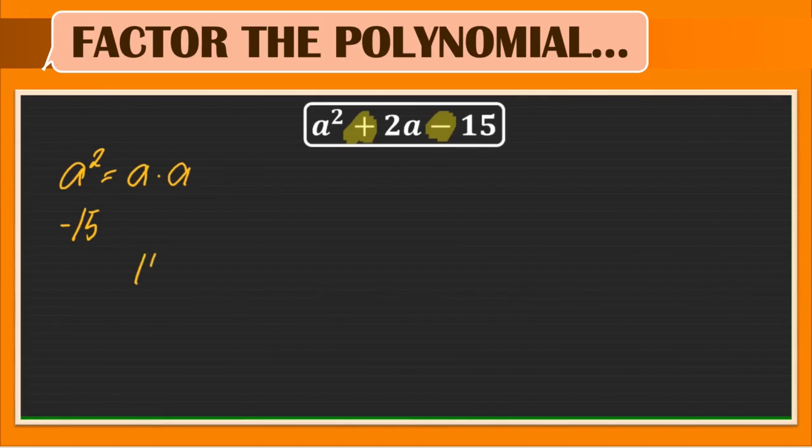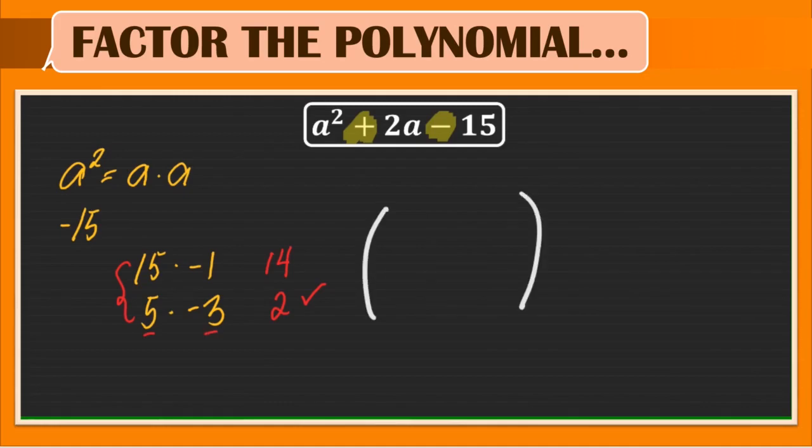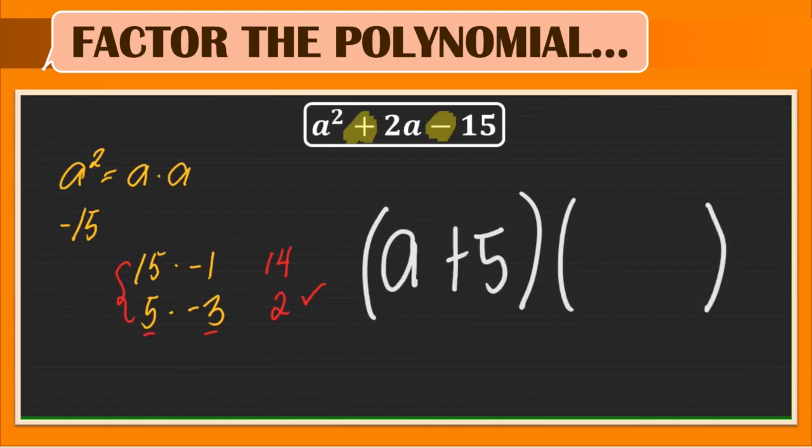So positive 15 times negative 1. Positive 5 times negative 3. So let's determine which sum is equal to 2. 15 plus negative 1 is 14. 5 plus negative 3 is positive 2. So we are going to use 5 and negative 3. Thus, the factored form is the quantity of A plus 5 times the quantity of A minus 3.